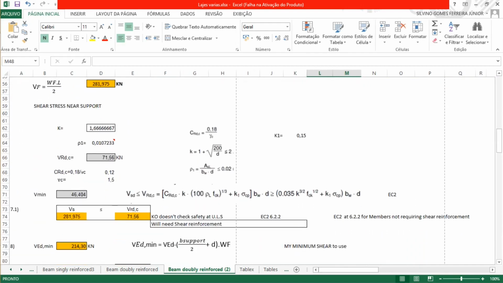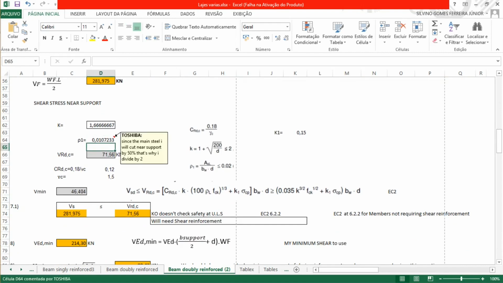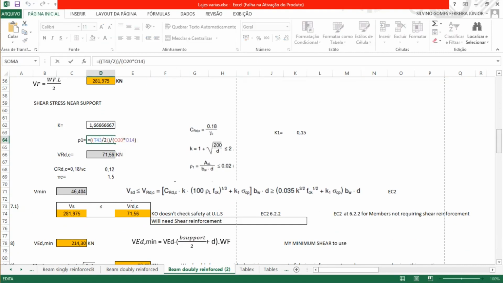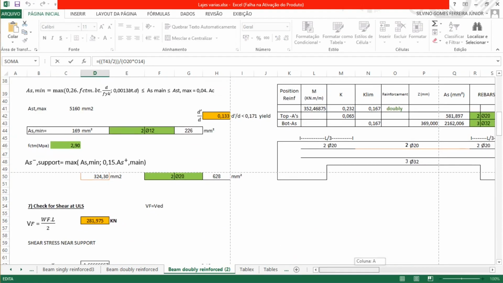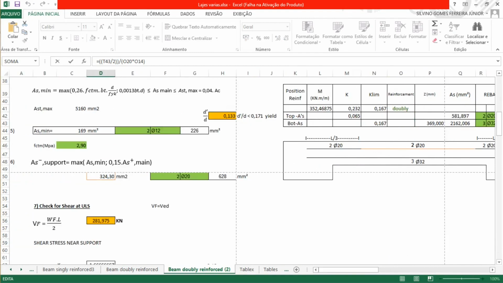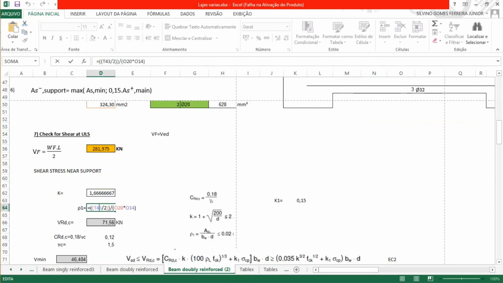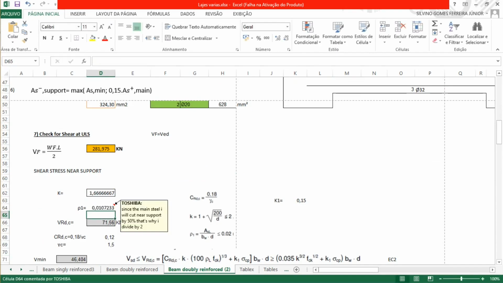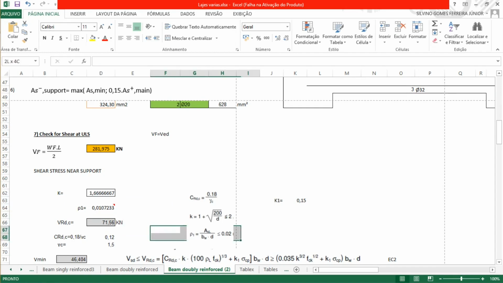So this is that quantity: 2,412.74 divided by 2, over b, that is 250, multiplied by the effective depth, that is 450, of the beam, which gives us 0.010, that is less than 0.02, so we can adopt this rho.